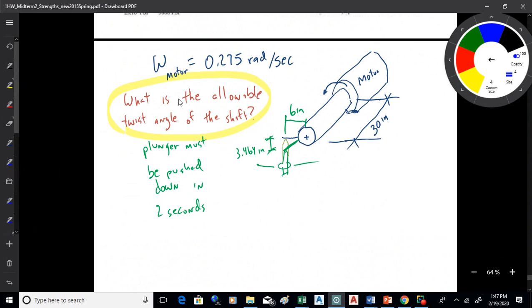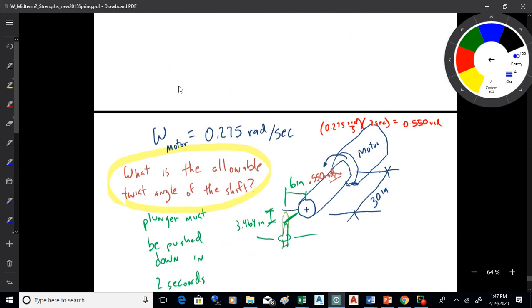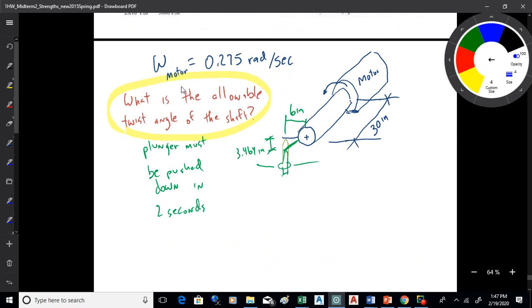All right, so when we look at that, look at the difference between what the shaft twists at the motor versus what the plunger must do in 2 seconds. That's the amount of twist you can have on the shaft. If you look at it in a simple sketch, let's start with a horizontal line that's kind of collinear with the plate.